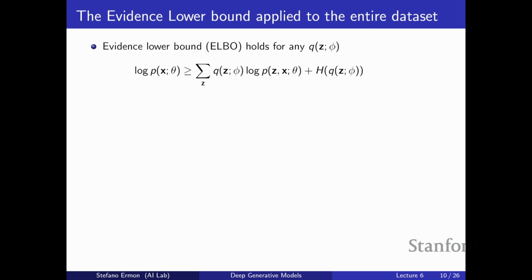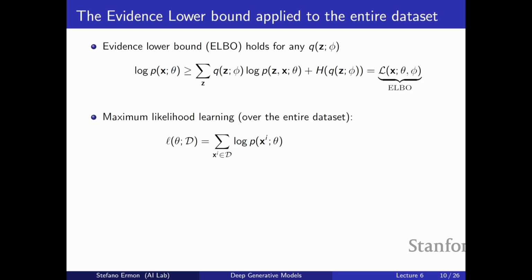Cool. So, all right, let's see how we do that. We know that for any choice of Q, we get that lower bound. That's the ELBO. Now, recall that we have a data set, and we would like to optimize the average log probability assigned to all the data points in the data set.